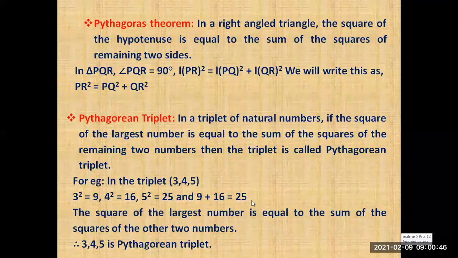So we see that if the square of the largest number is equal to the sum of the squares of the remaining two numbers, then the given triplet is a Pythagorean triplet. So these are two topics: first is the Pythagoras theorem and second is the Pythagoras triplet.